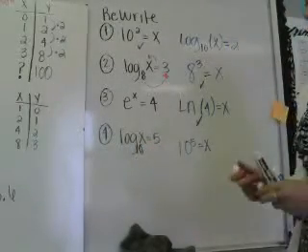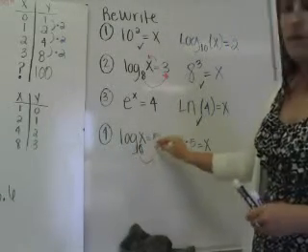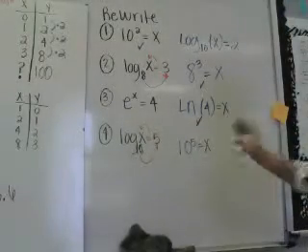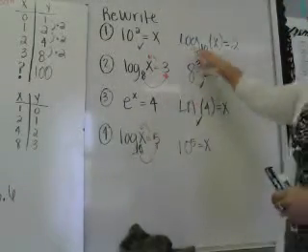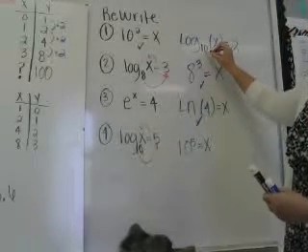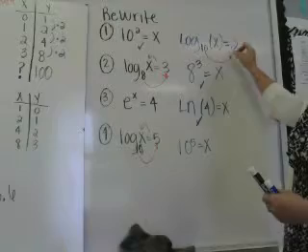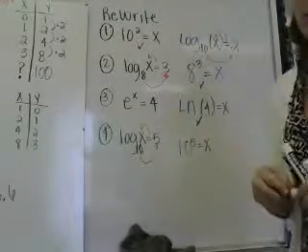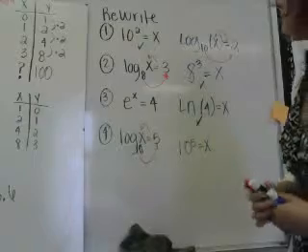Alright, if I try to use the wheel, it would be 10 to the 5th power equals x. Whenever you have to go into the logarithm, you can use the wheel to check. This should be the same as 10 to the 2nd power equals x. And you can just kind of use that to help you check.